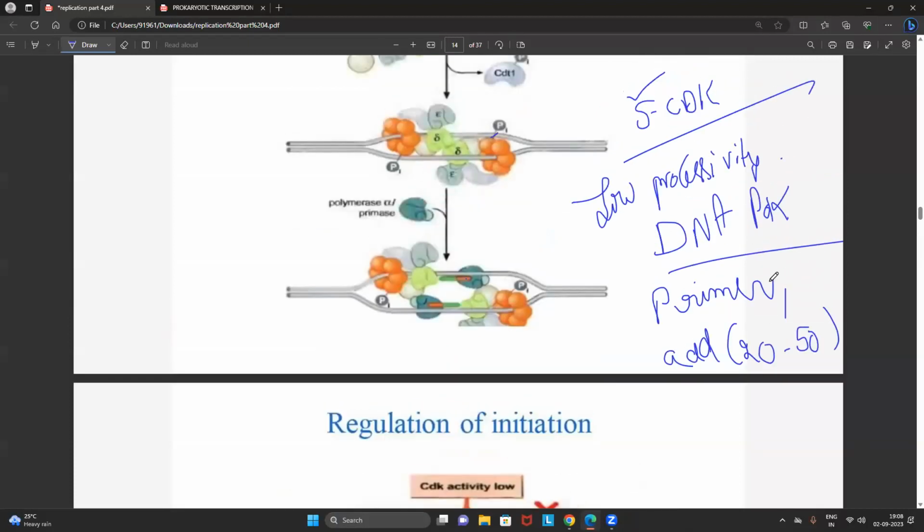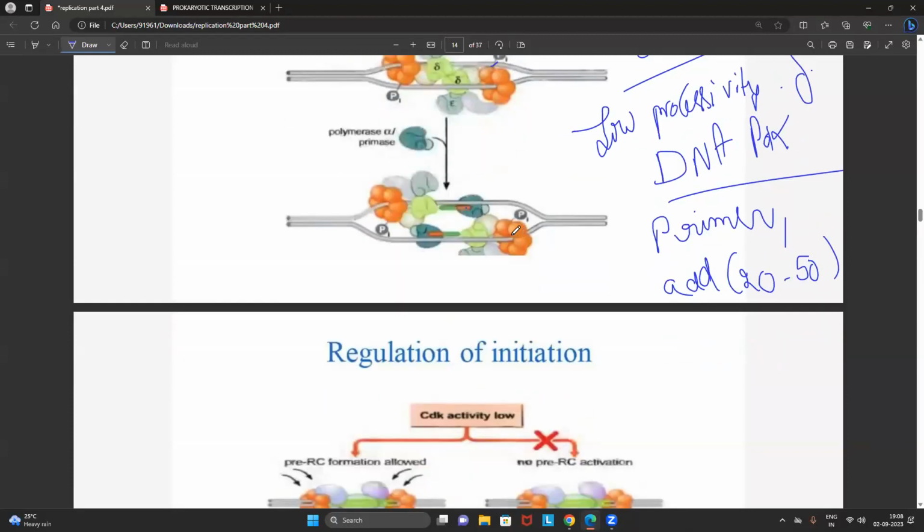You all know very well that polymerase alpha can be replaced by delta. You can see the picture here. This is polymerase alpha, which added the primer. The primer is the orange colored one.